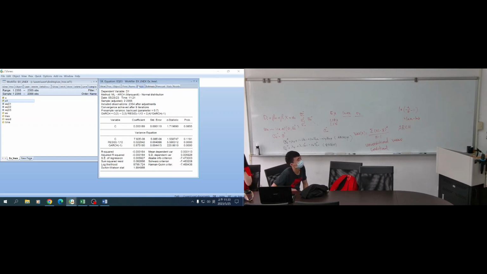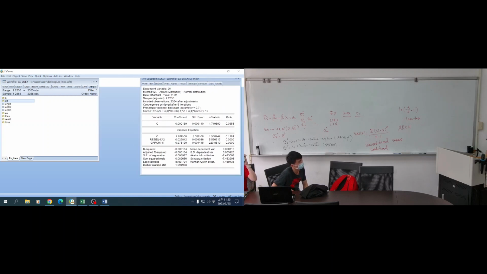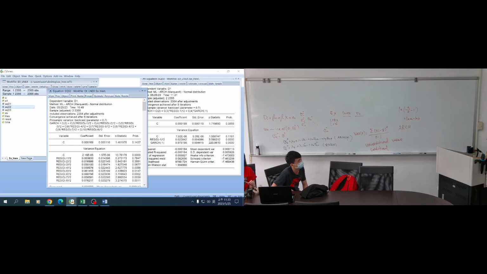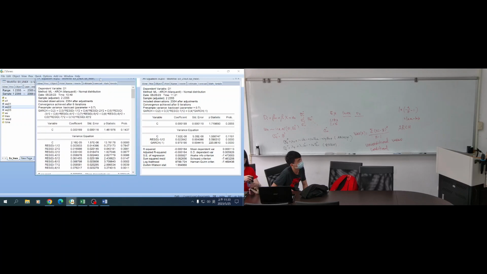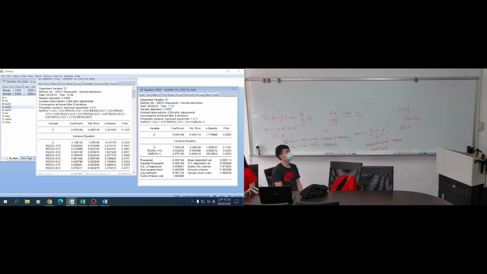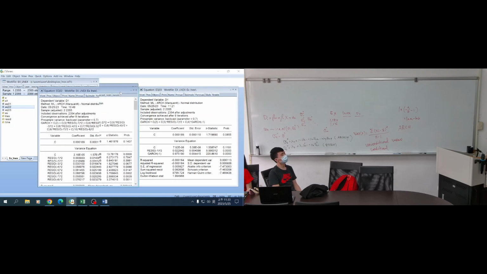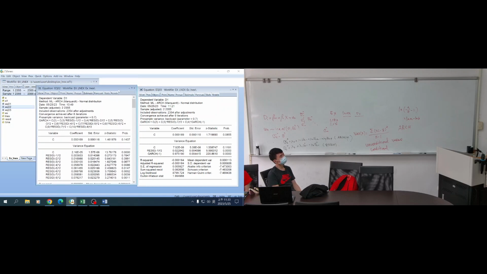So let me, this is equation 3, right? So let me compare equation. Let me see the equation. I think equation 2, right? Yeah, equation 2. Okay, this one. Look at the difference of this.